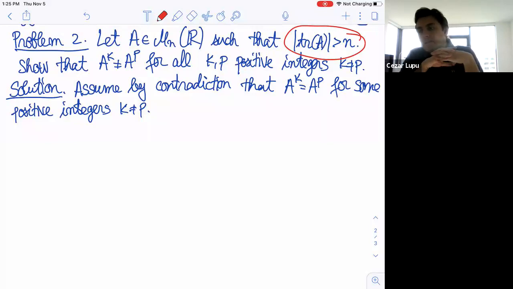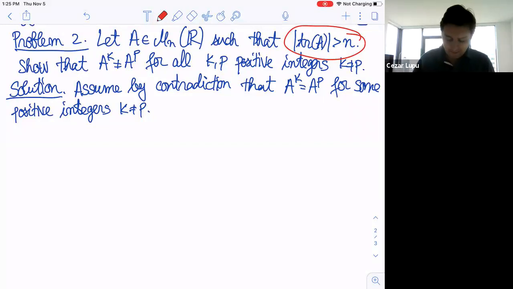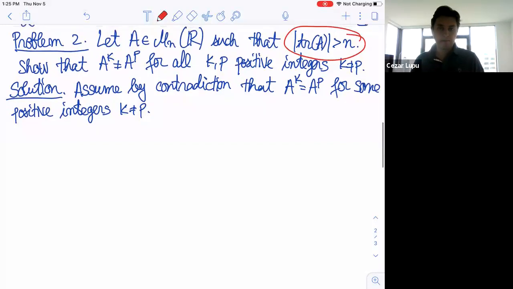So if A to the power k is the same as A to the power p, can you tell me something about the eigenvalues? Well, it will follow that if lambda is an eigenvalue of A, then lambda to the power k is the same as lambda to the power p, right? So let's see that.